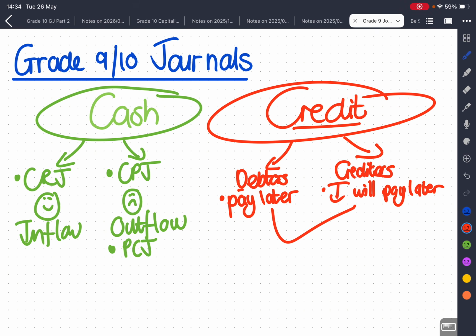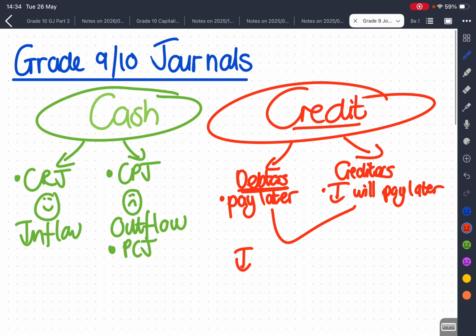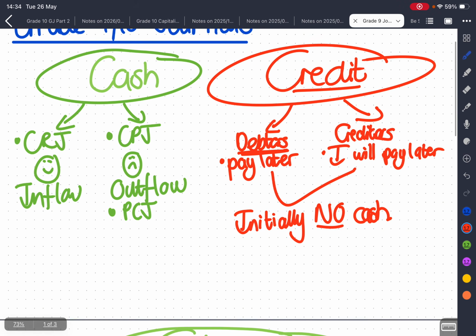Just be careful that the word debtor doesn't confuse you, as it is credit, because it refers to, initially, no cash involved in these journals. The payments will happen later.